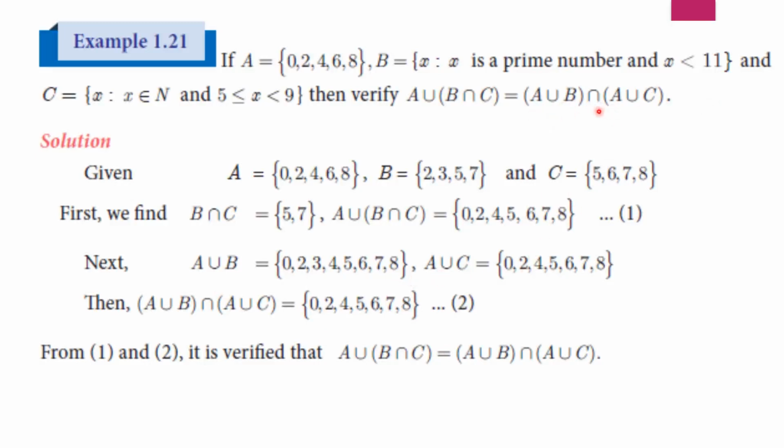Then you have to find the intersection of these two sets. That is, write the common elements in both the sets. So we will get 0, 2, 4, 5, 6, 7, 8. Mark that as 2. Then compare 1 and 2, whether these two are equal or not. Yes, we are getting two equal answers. So from 1 and 2, it is verified that A union B intersection C equal to A union B intersection A union C.